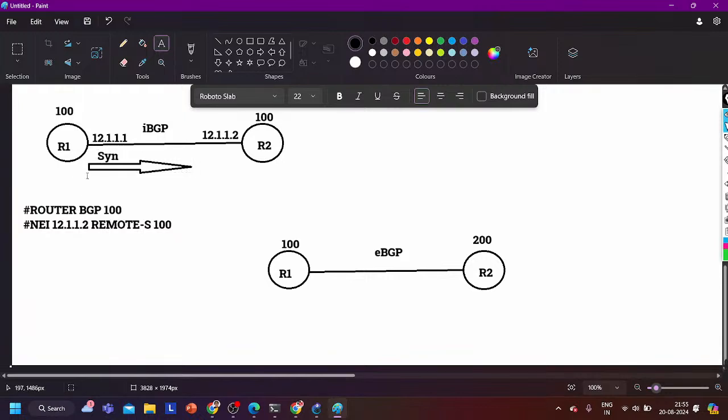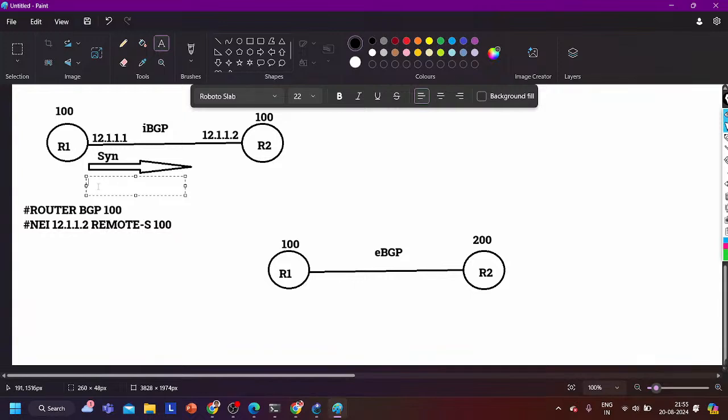What will be the source port number? It can be either 179 or a random port number. One router will use the well-known port number which is defined for BGP, and one will use a random port number.